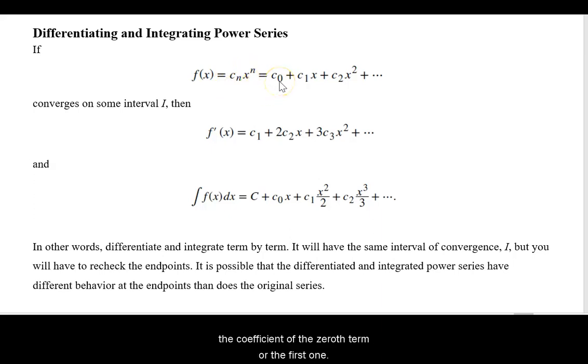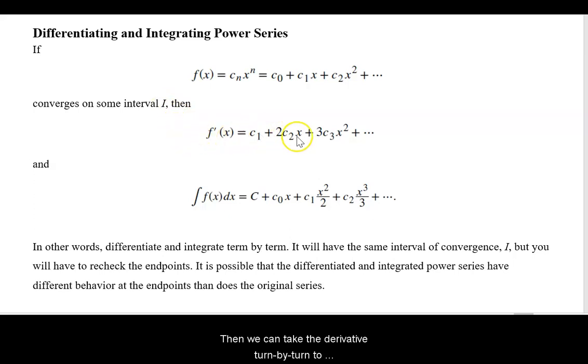C sub 0 is the coefficient of the 0th term, or the first one. C sub 1 is the coefficient of the k equal 1 or n equal 1 term, in this case, the second in the series.